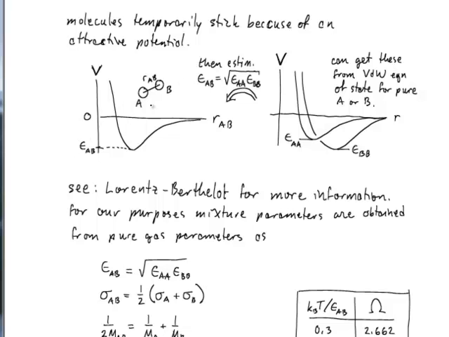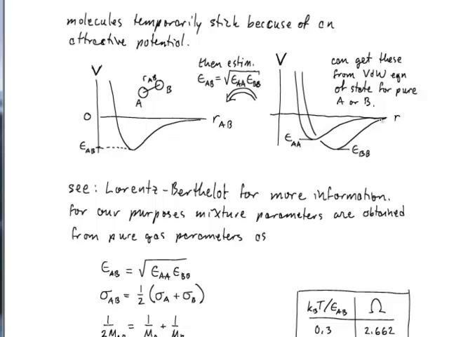Okay, so how do we get epsilon AB? Well, this depends on the identities of the A and the B molecules, but fortunately we have a rather simple way of estimating how strongly two molecules of different types will attract each other, and that is by thinking about how strongly pairs of the same type interact with each other.